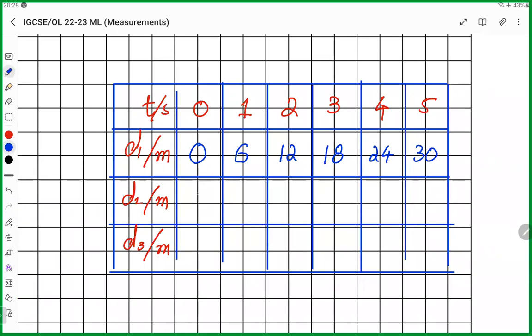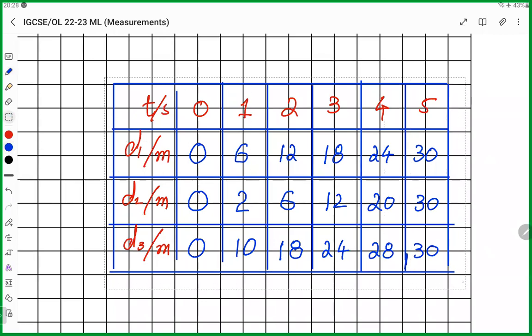Car number two starts from 0, goes to 2, then goes to 6, goes to 12, goes to 20, goes to 30. Car number 3: 0, 10, 18, 24, 28, and 30. Now, these are the distances recorded at regular intervals of time.